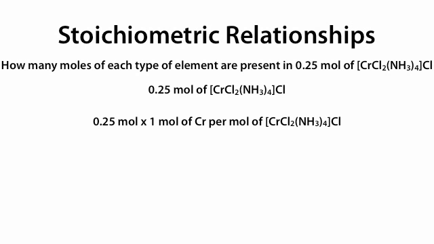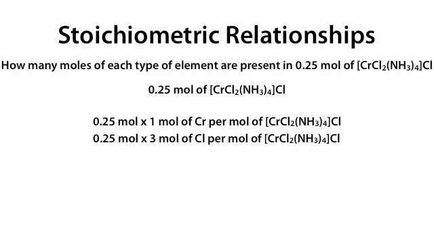There is 1 atom of Cr in the compound, therefore there is 1 mole of Cr atoms per mole of the compound. How many moles of Cl atoms do we have? We multiply 0.25 moles of the compound times 3 moles of Cl per mole of the compound. There are 3 Cl atoms in the compound, therefore there are 3 moles of Cl per mole of the compound.